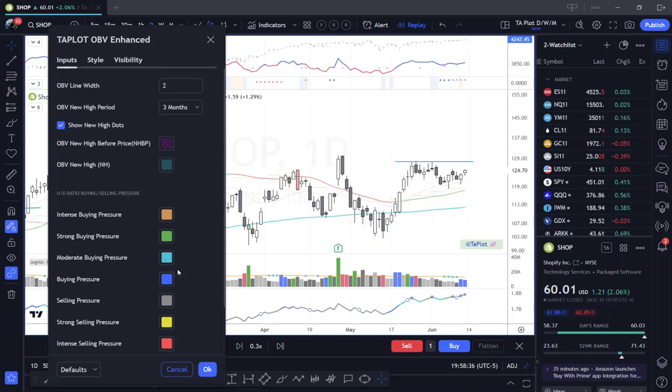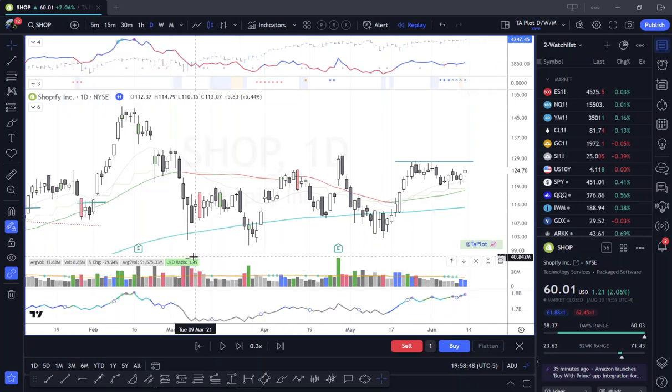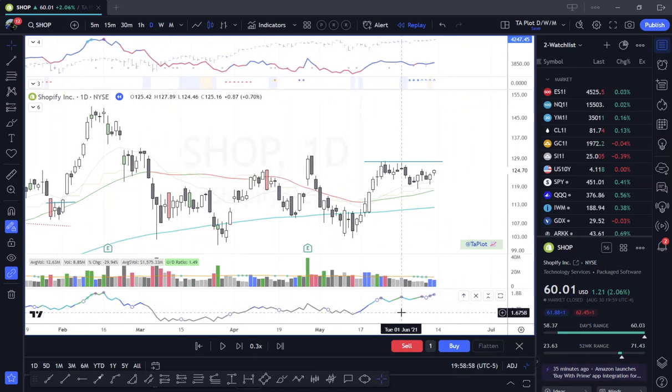We go from buying pressure to moderate to strong. It never got to orange, but that's not necessary. If you see up-down volume at 1.5 and we have not broken out yet, that's very strong. And then you're seeing your unbalanced volume making new highs before price.